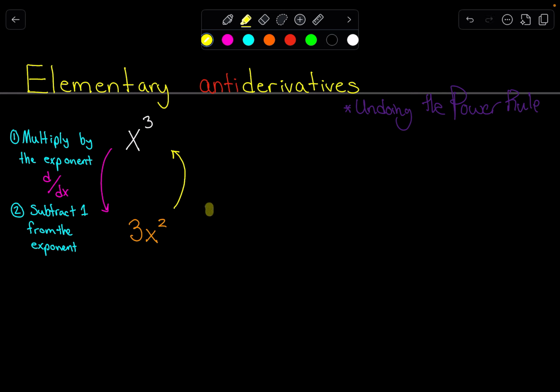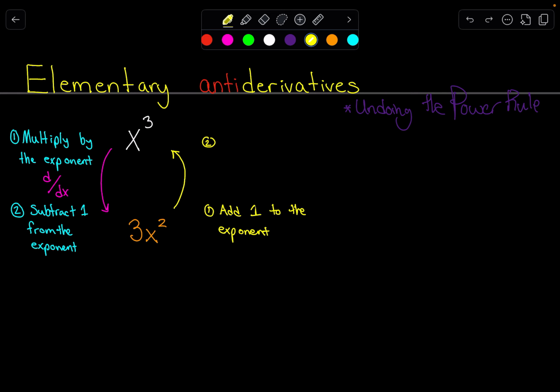So the first thing we're going to do to undo this process is the opposite of this last step here. Instead of subtracting 1 from the exponent, we are going to add 1 to the exponent. That's the very first thing. And then the second step: what did we do with that before? Before we would multiply by the exponent.